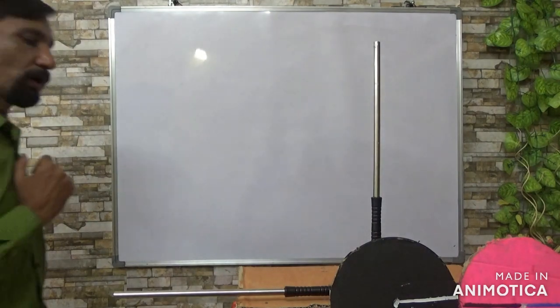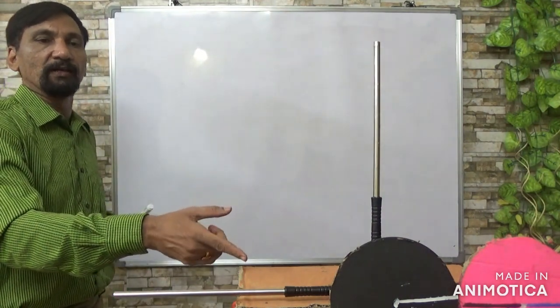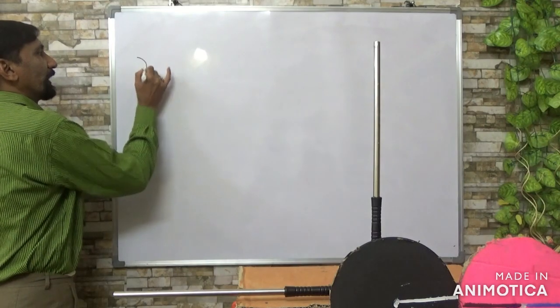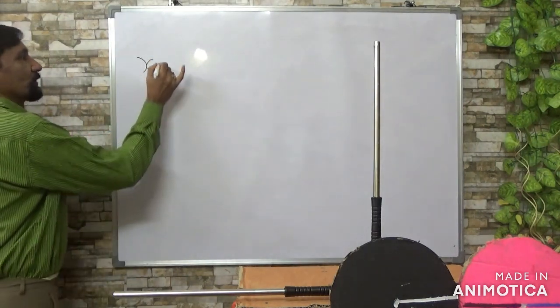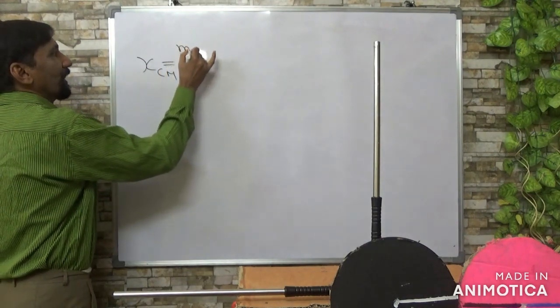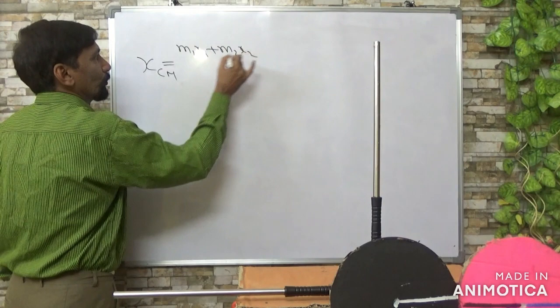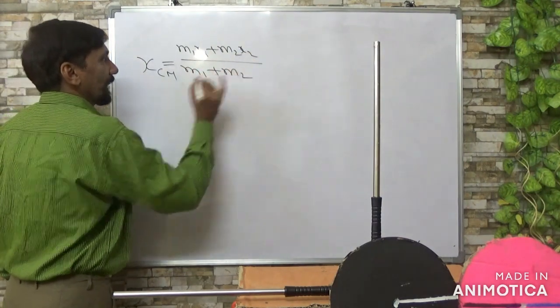Now you want to find the center of mass of the system. In order to find the coordinates of center of mass, we use this formula: m1 x1 plus m2 x2 by m1 plus m2.